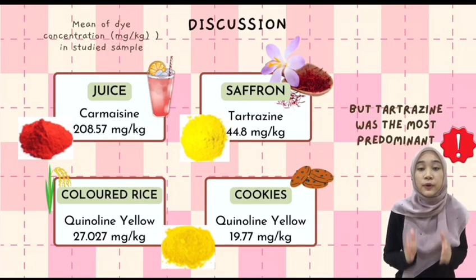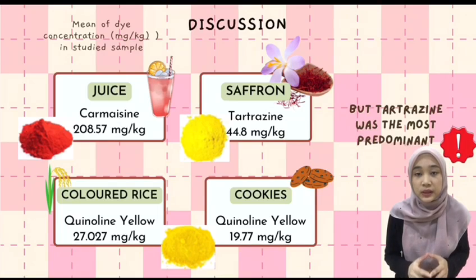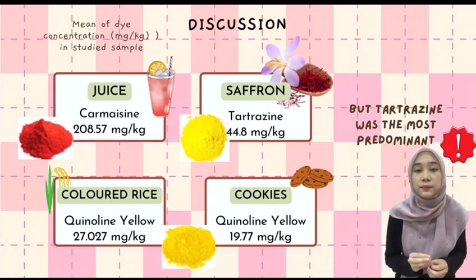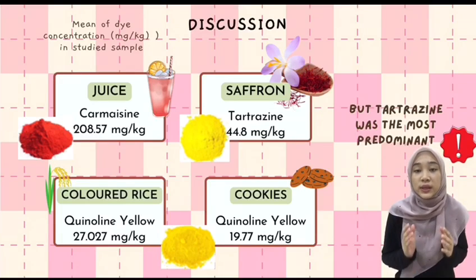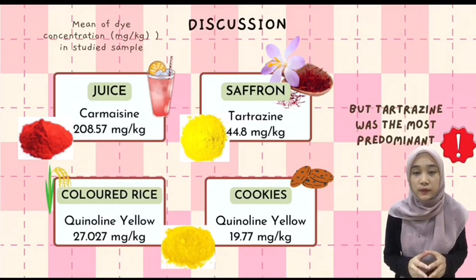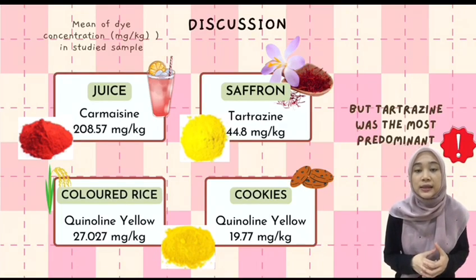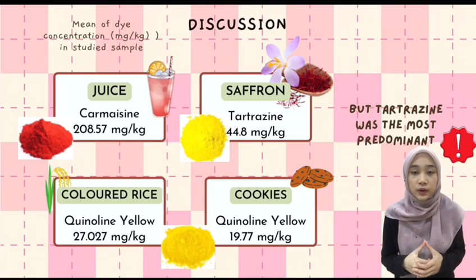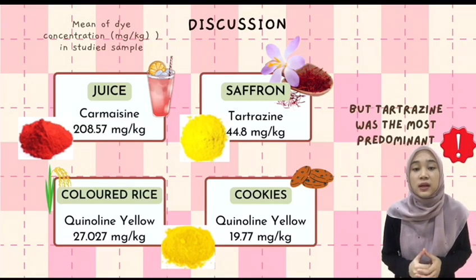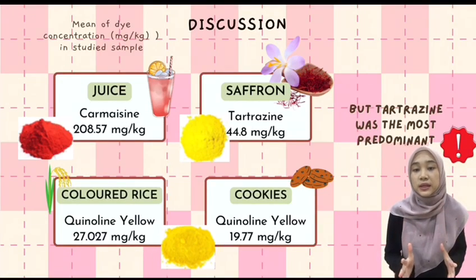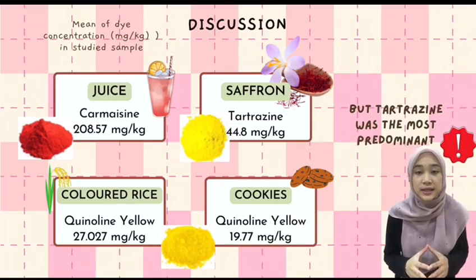In both colorized rice and cookie samples, quinoline yellow had the maximum amount, with a mean concentration of 27.027 for colorized rice and 19.77 for cookies. But tartrazine was the most predominant among the dyes in all studied samples.